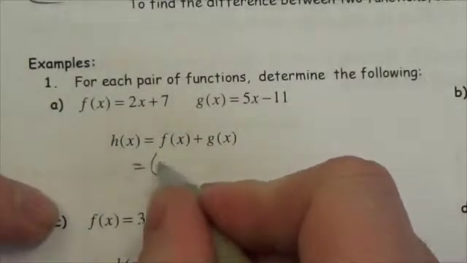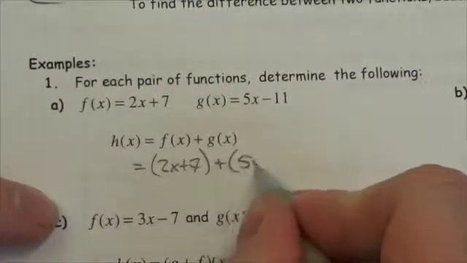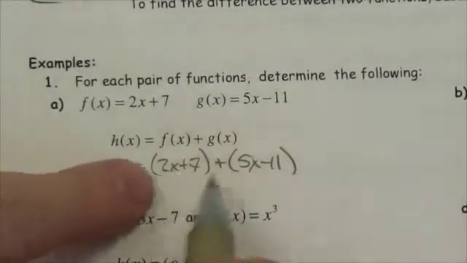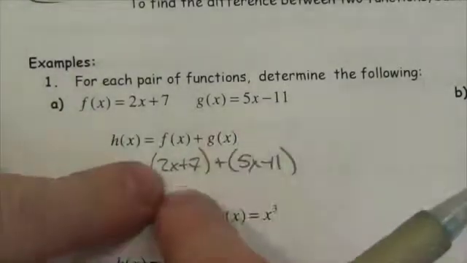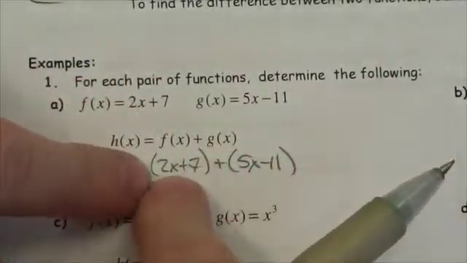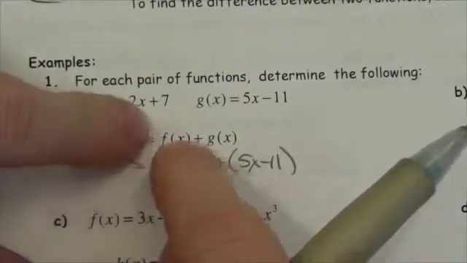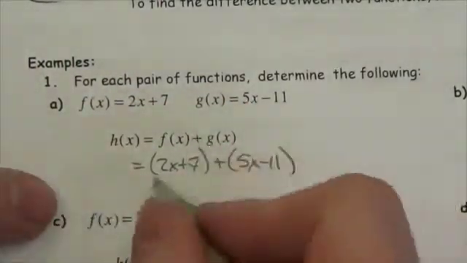I'm going to add f of x. And then I'm going to add g of x. Now, I put parentheses around both of these first because this represents all of f of x. So I put parentheses around the expression that is f of x. I put parentheses around the expression that is g of x.